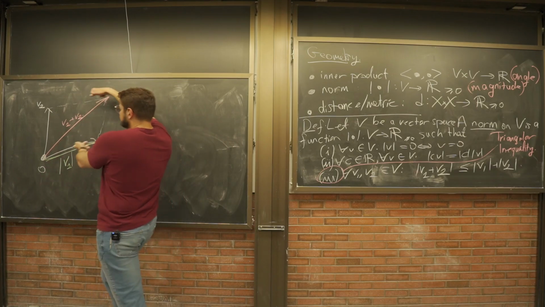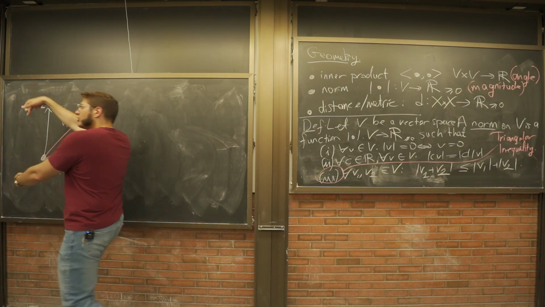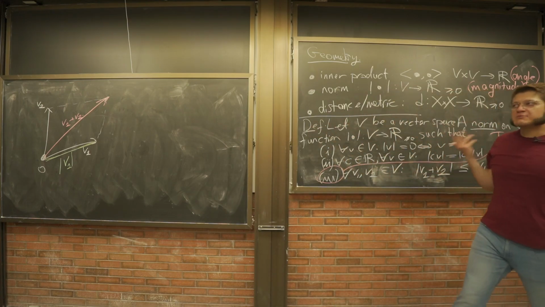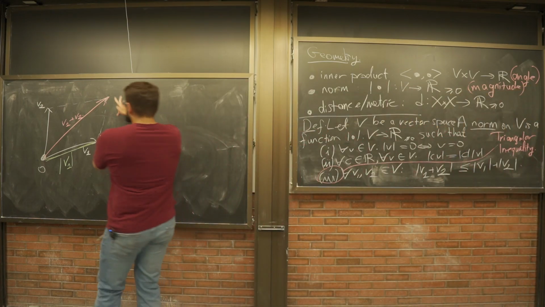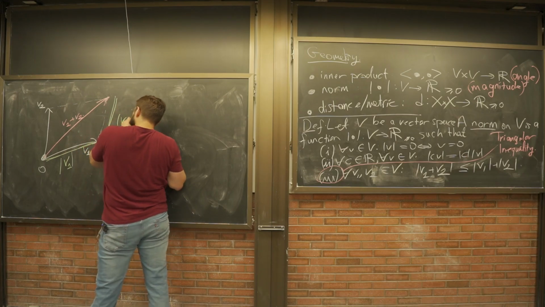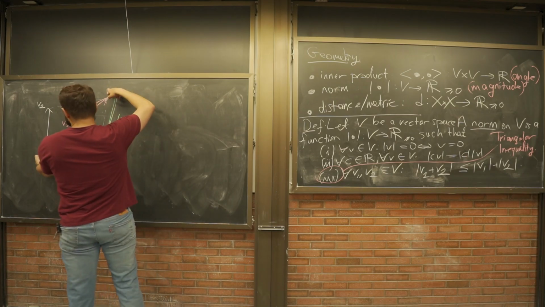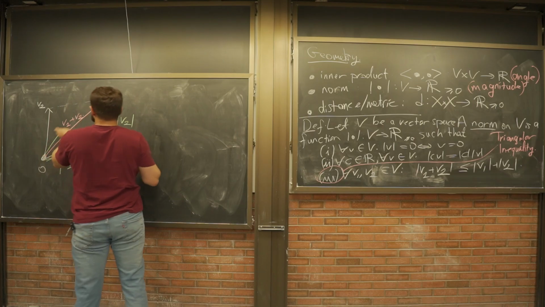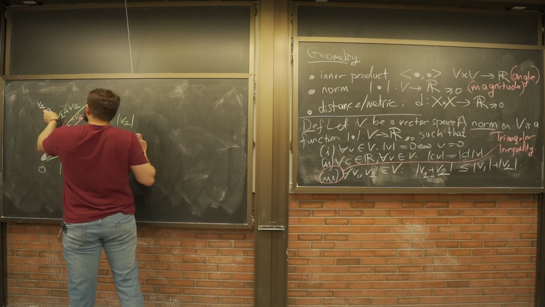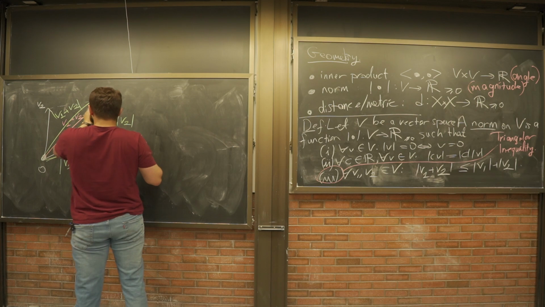This side is just a translation of this. And I know that translating vectors should not change their magnitudes, which means that this side has length V2 in norm. And of course, the length of this is V1 plus V2 in norm.